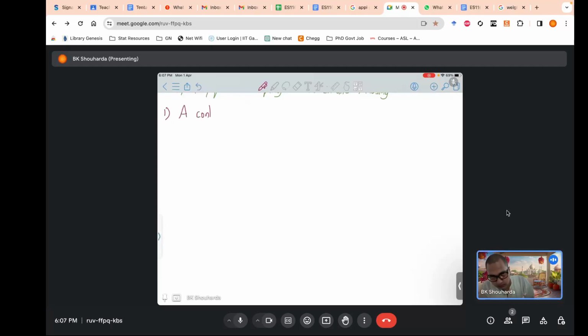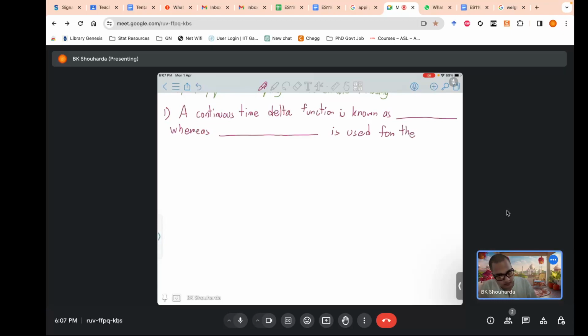A continuous time delta function is known as dash, whereas dash is used for the discrete time delta function.